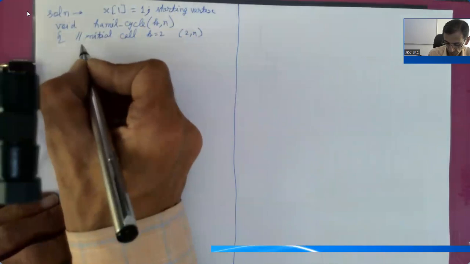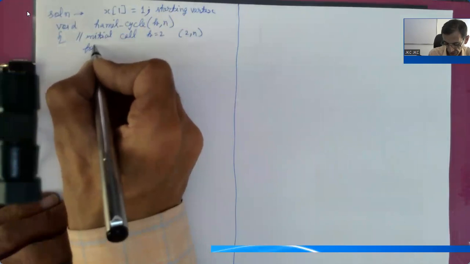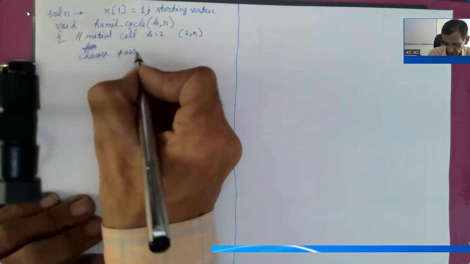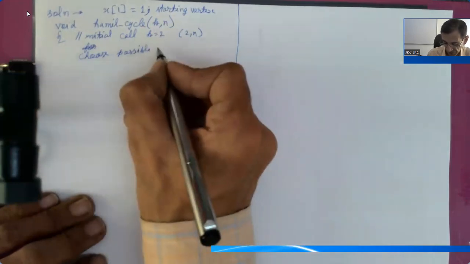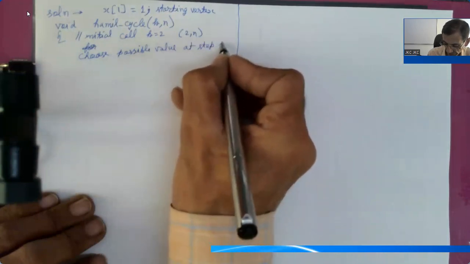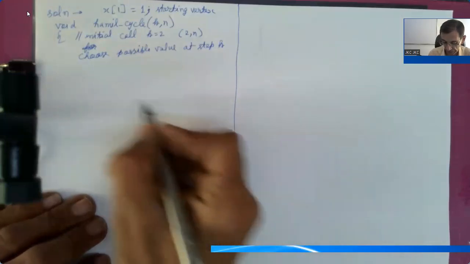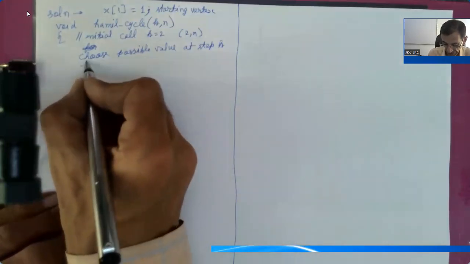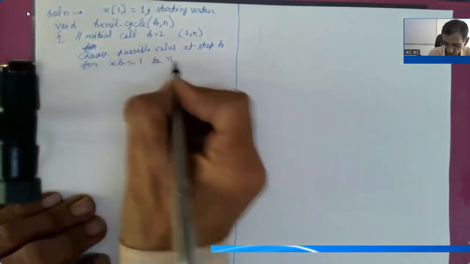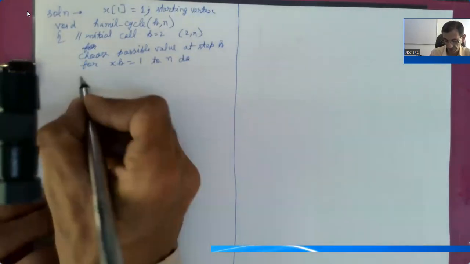Now I am supposed to give the kth step some vertex to be chosen. So again, assign a possible value for the vertex at step k. What are the possible vertices which can be covered at step 2 or at step k? Obviously, any vertex out of 1 to n. So I can say still it is for xk equal to 1 to n. I have to effectively try giving this vertex number.